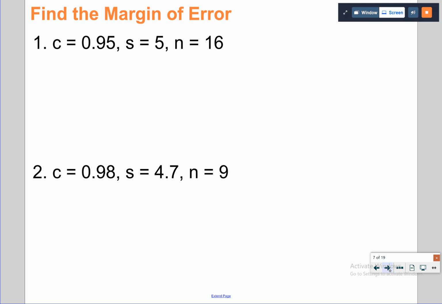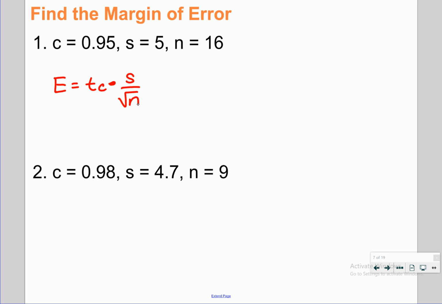All right, so let's practice finding the margin of error. We need to be able to do critical value times standard deviation over the square root n. I have n, I have s. The only thing I'm missing is that critical value. My c value is 95%, meaning a 95% confidence level.